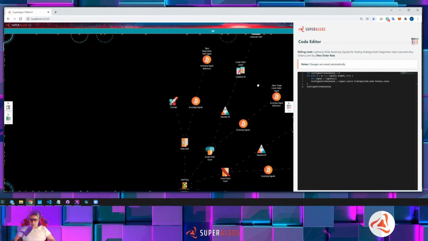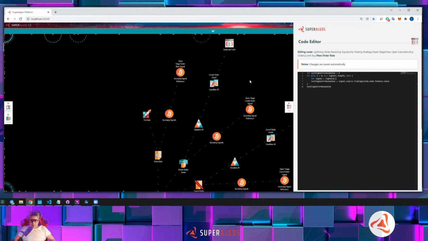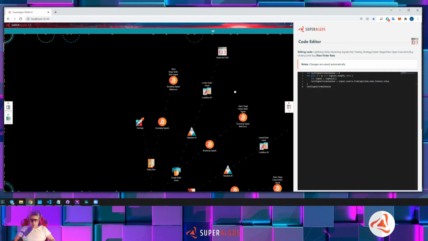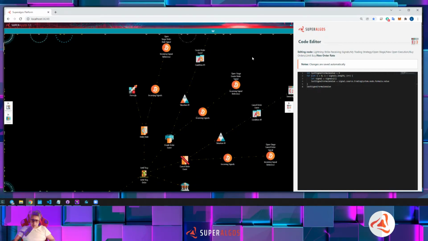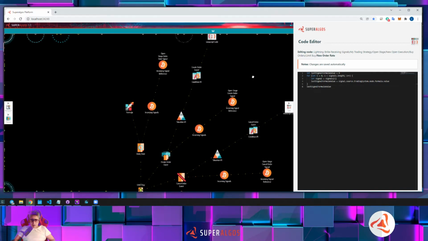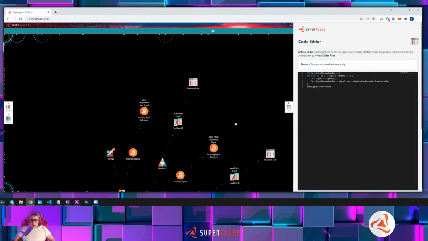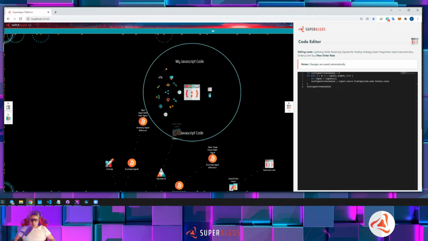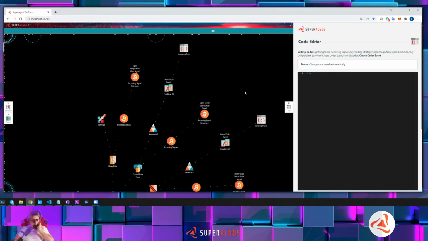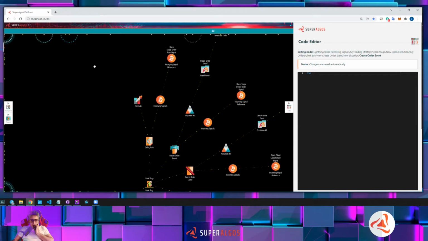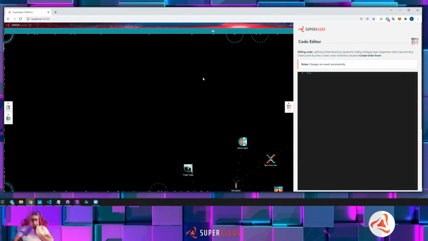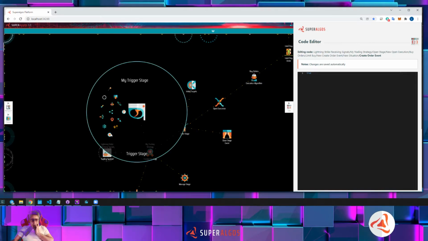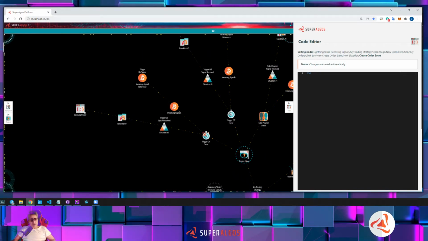Okay, so for the create order, what are we going to do? Here it says true. We're going to bring in the conditions that we use here at the trigger stage.